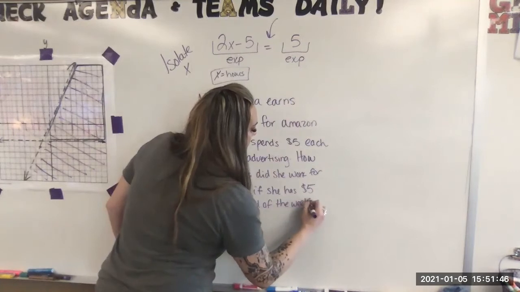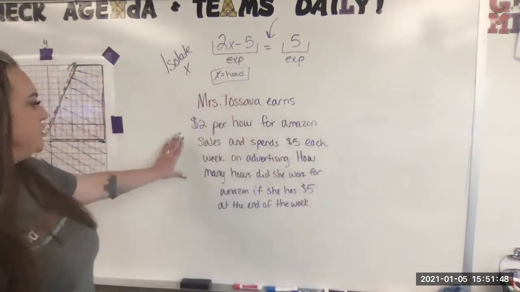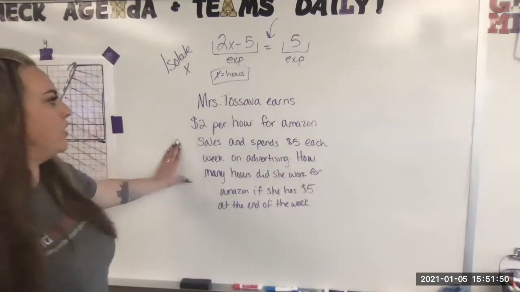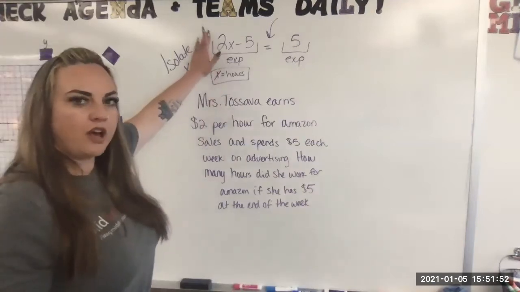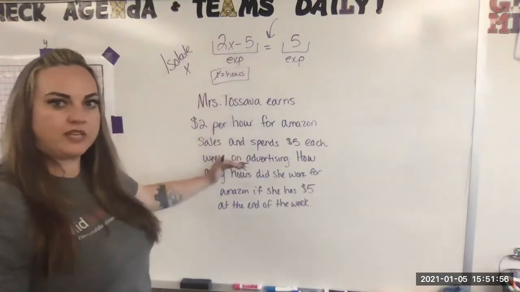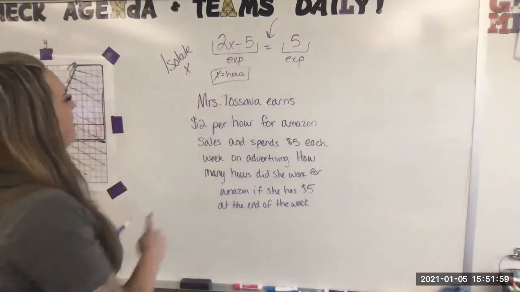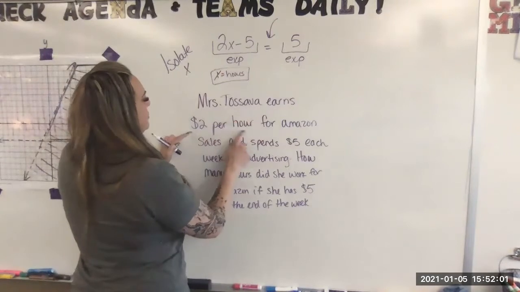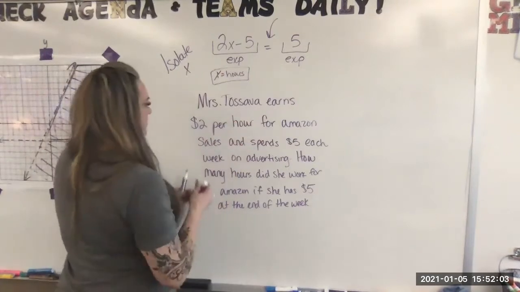Remember, it is super important to go back from what you wrote and see if every part of the equation or the expression or whatever is represented in your context. Mrs. Tasova earns $2 per hour. Okay, there's the 2x.